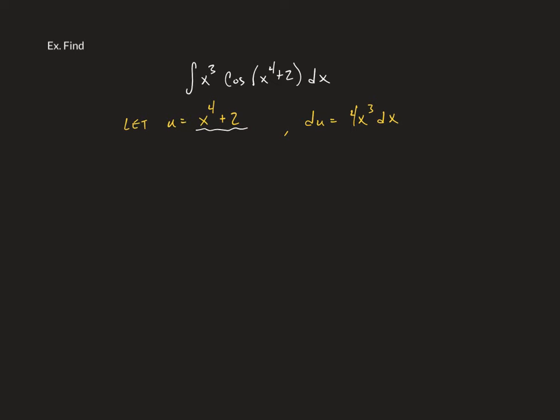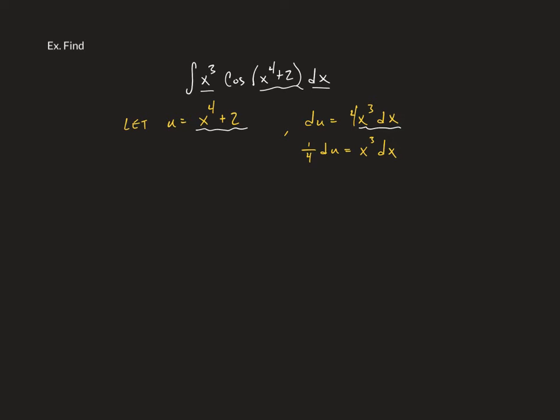I've got the x to the fourth plus 2, that's there. And the only other part of this that I need is I need to make sure that I've got the x to the third and the dx. I don't need that 4. I only need that component of this expression. So I'm actually going to move that 4 to the other side and just write this as 1/4 du equals x to the third dx.